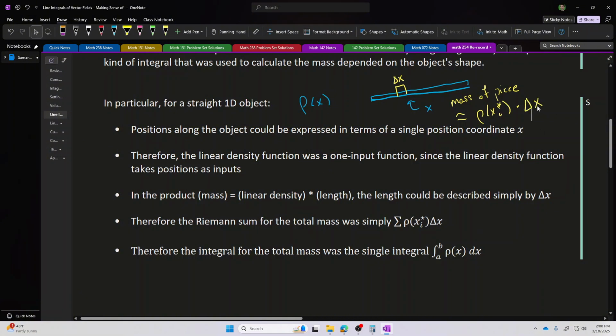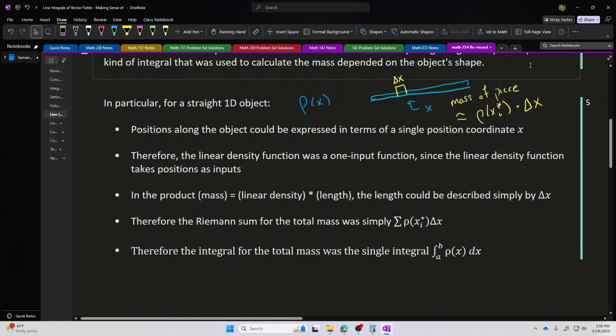Linear density times length was approximately equal to the mass in this little chunk of your object. And then if you added together all of those masses of all of those little pieces, that was approximately equal to the object's total mass.